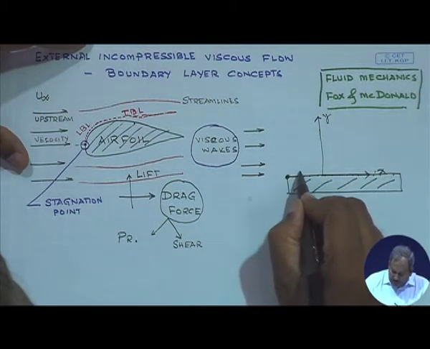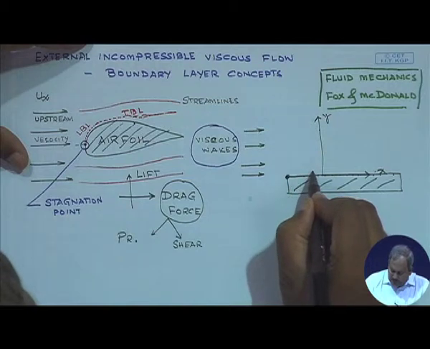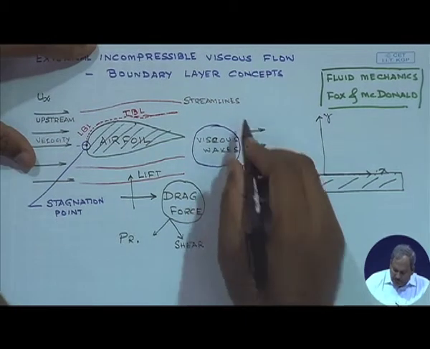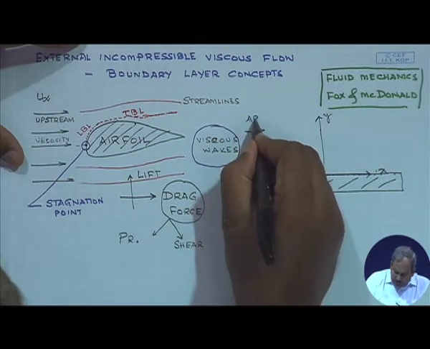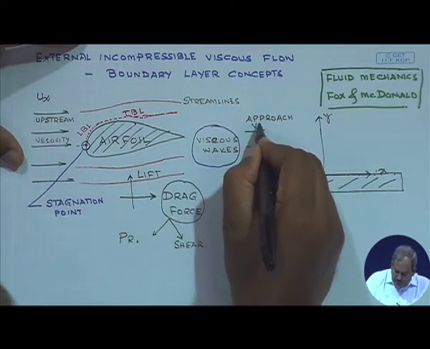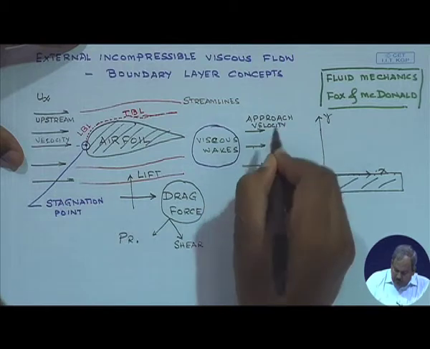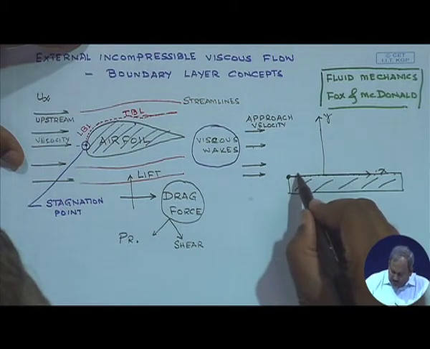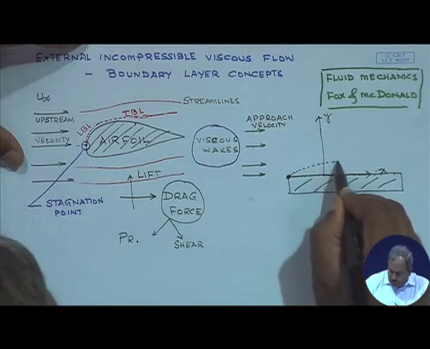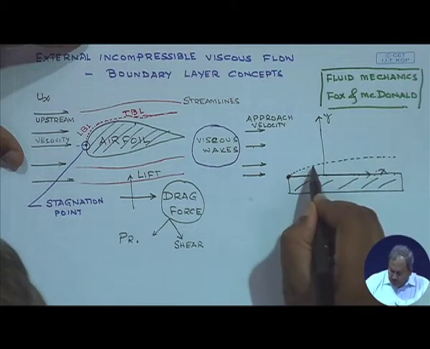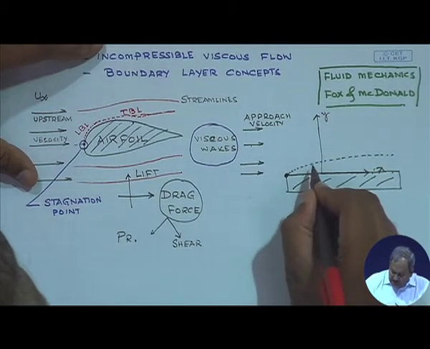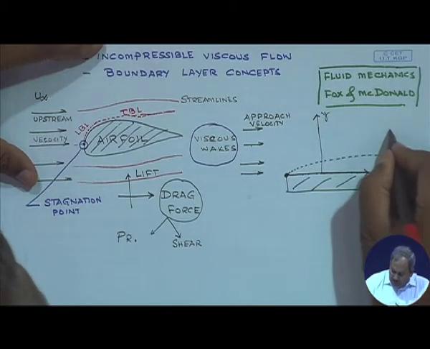But if I move slightly up, there is going to be a velocity which is not going to be equal to the approach velocity of the stream. It is going to be slightly lesser than that. So if I draw the contour of the points at which I can sense the velocity, then this is known as the boundary layer thickness.